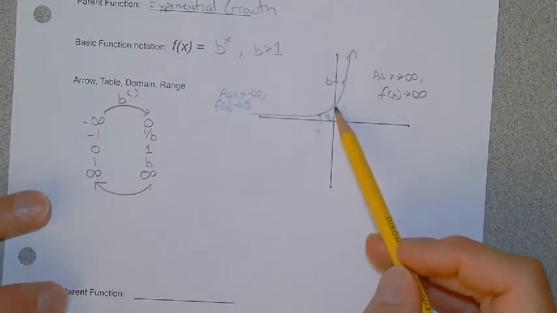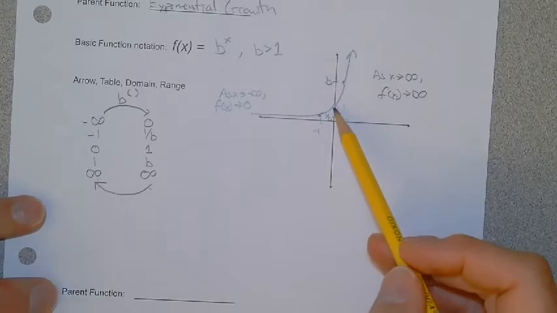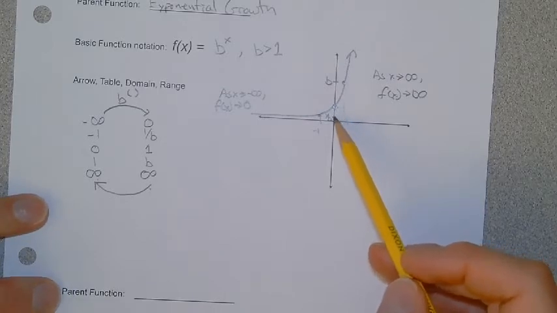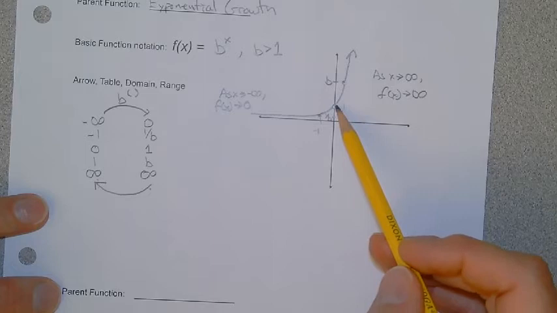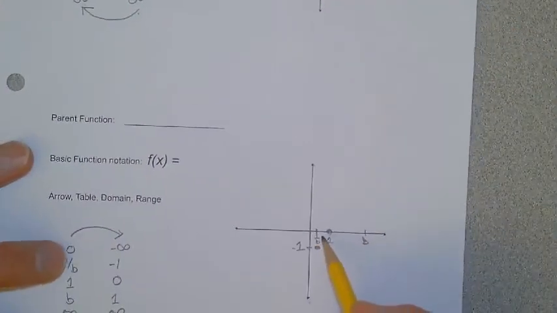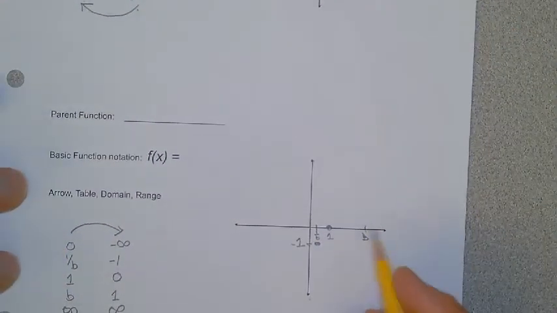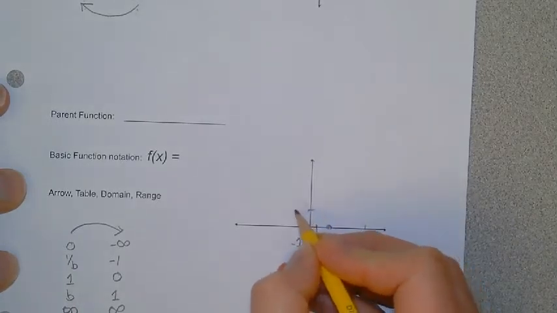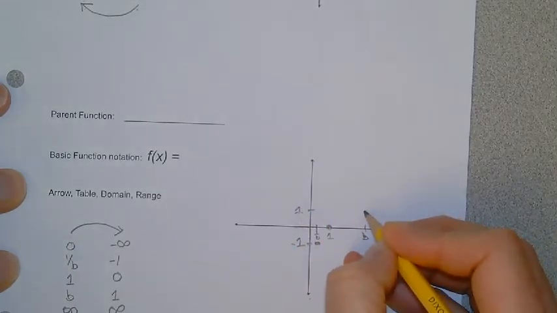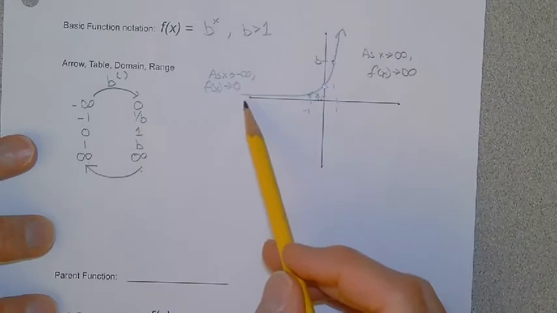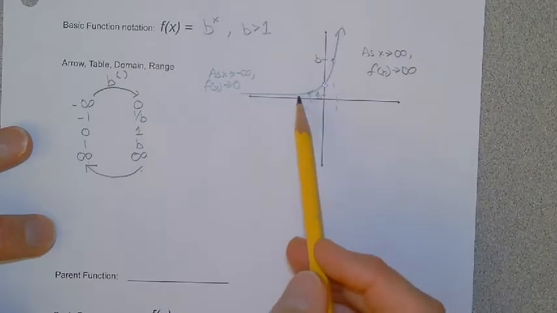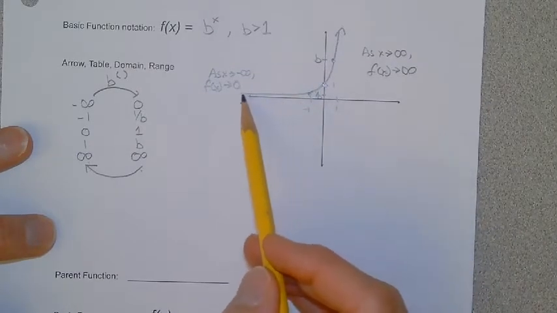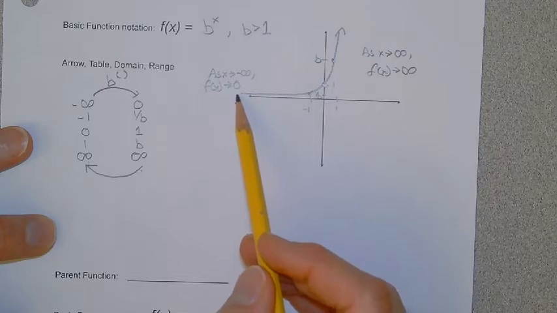We said inverses are about switching the roles of the x and the y, so what was at 0, 1 as a y-intercept is now at 1, 0 as an x-intercept. And at b, we are at 1. This end behavior over here that we described as a horizontal asymptote was getting closer and closer to the x-axis the farther we went out the x-axis.